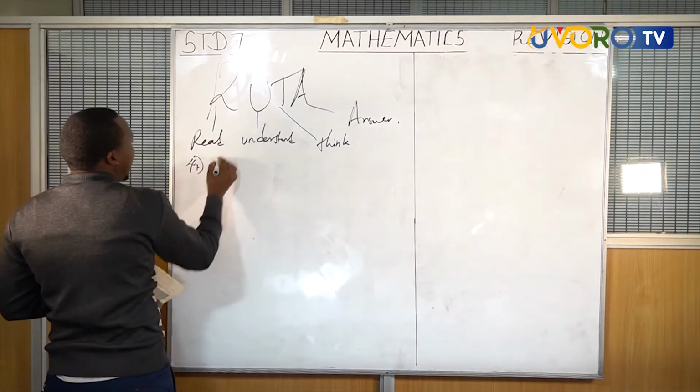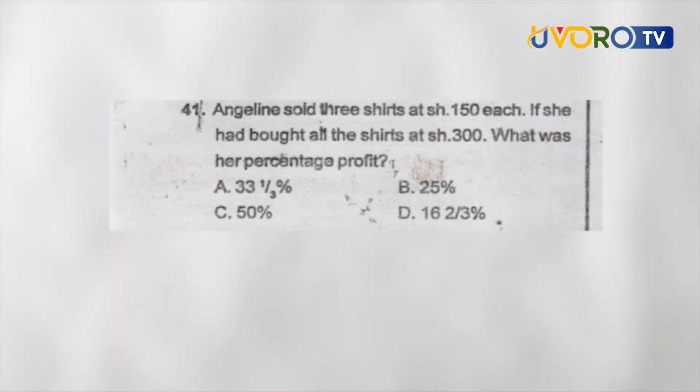We go to question number 41. You are told that Ageline sold 3 shirts at shillings 150 each.